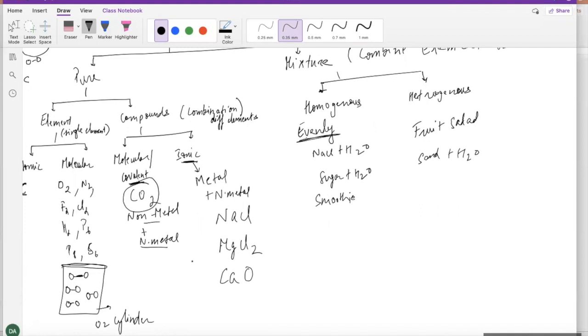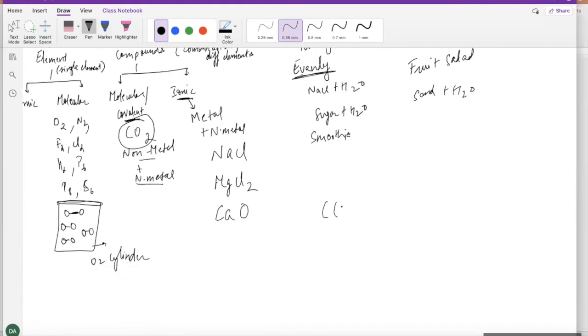And let me ask you here, if I have CO2 gas in a cylinder, are you going to call that a mixture or is that pure? This thing is pure because it is only CO2. I know it's made by a combination of carbon and oxygen, that's why it's a compound, and it's a covalent compound because both are nonmetals, but it's still pure. It's not a mixture.